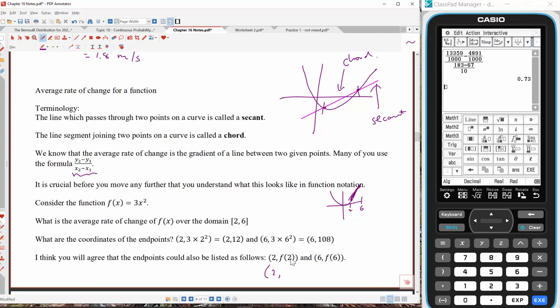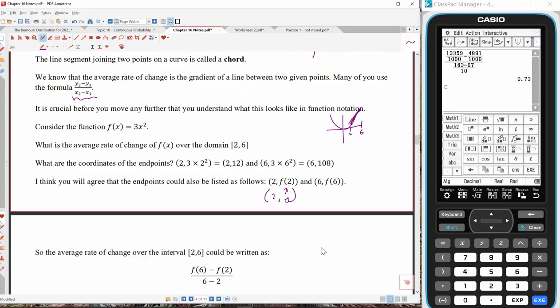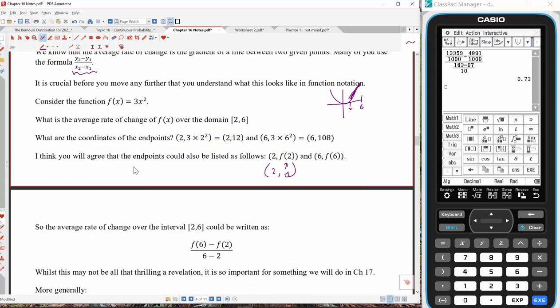So instead of writing 12, we can write f of 2, and the same goes here. Then to find the average rate of change, it's the change in y value, so f of 6 take away f of 2, y2 take y1, over 6 take 2.